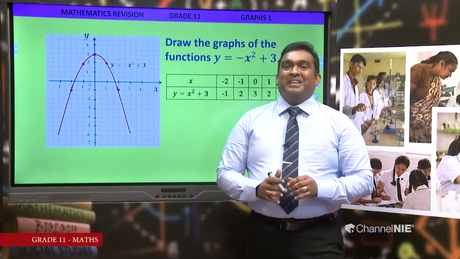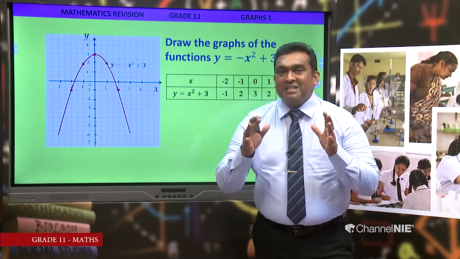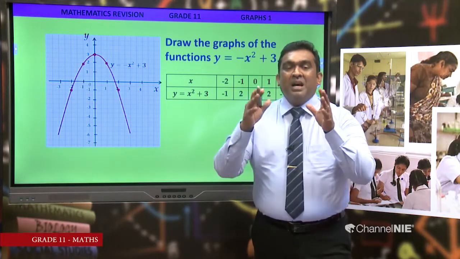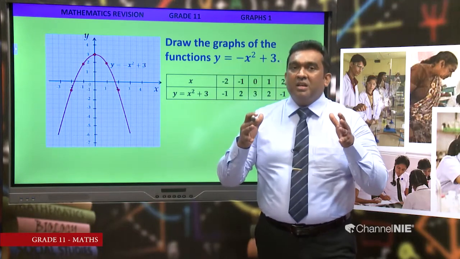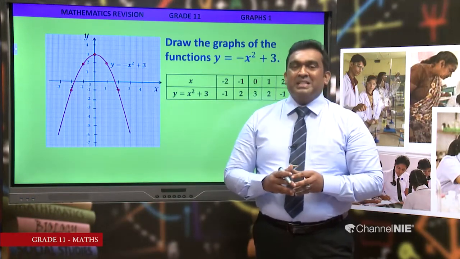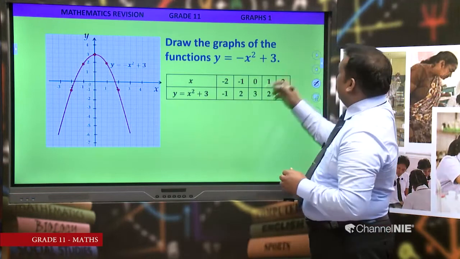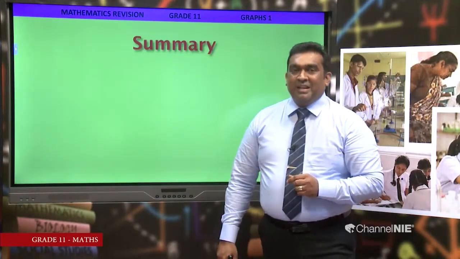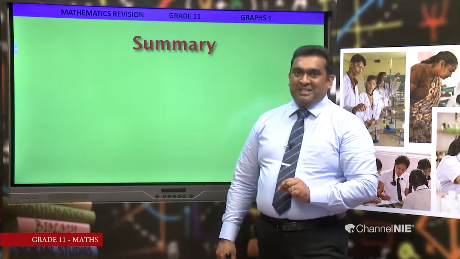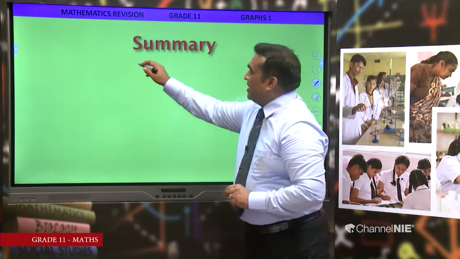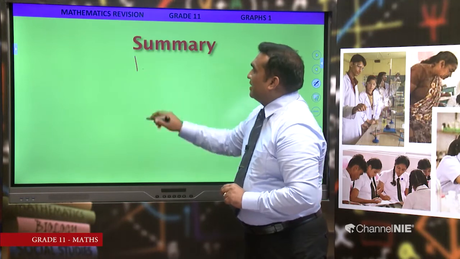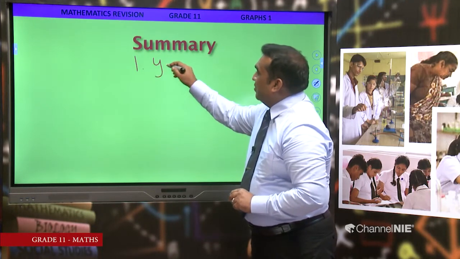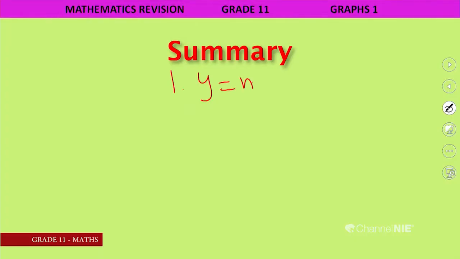Now we have to consider the summary of the lesson. What are the essential learning concepts of this lesson, right? Summary. Straight lines. What is the general equation of a straight line? y equals mx plus c.